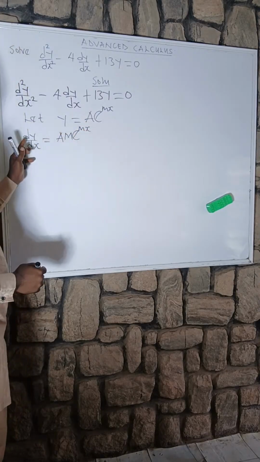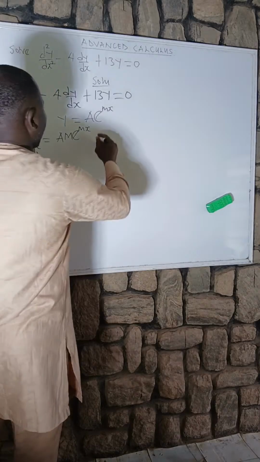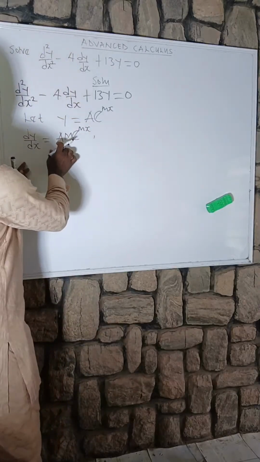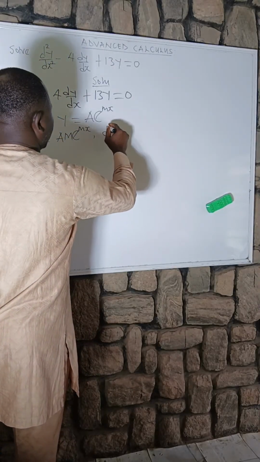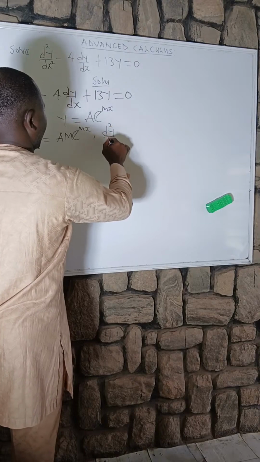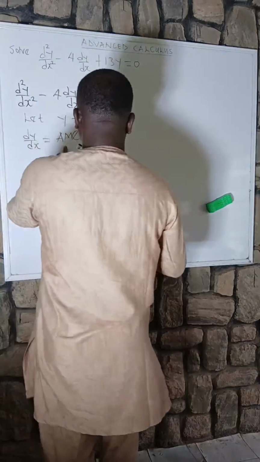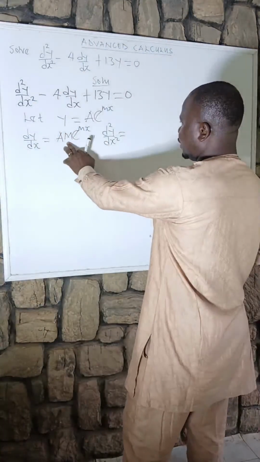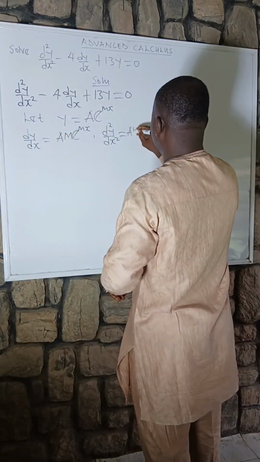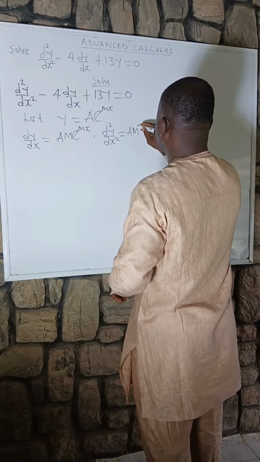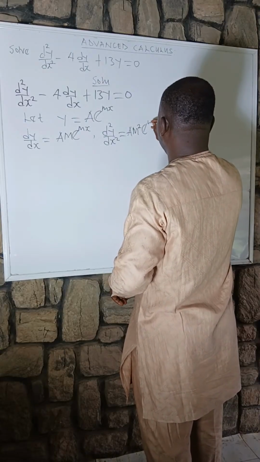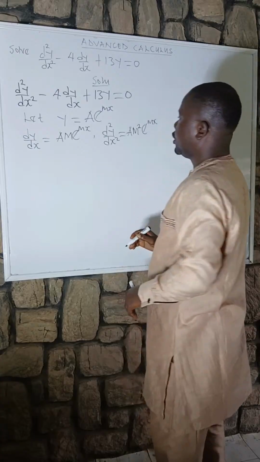Then since it is second order, we differentiate again to have d squared y over dx squared equals a m squared exponential mx. Do you agree with me?